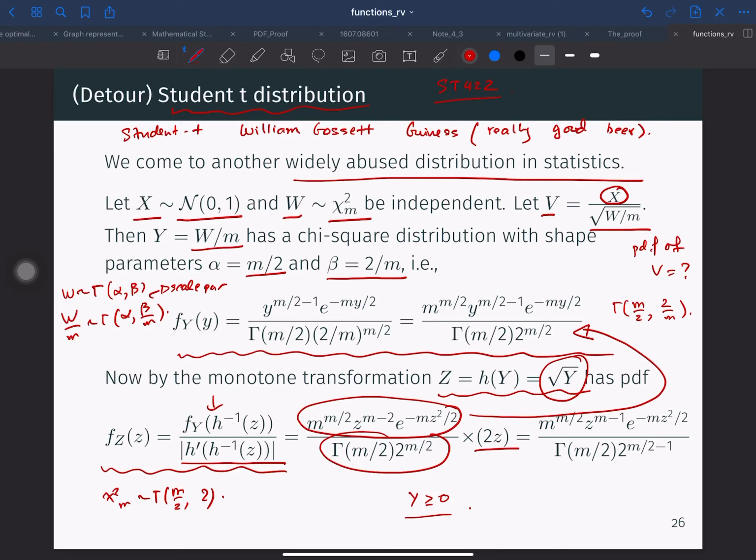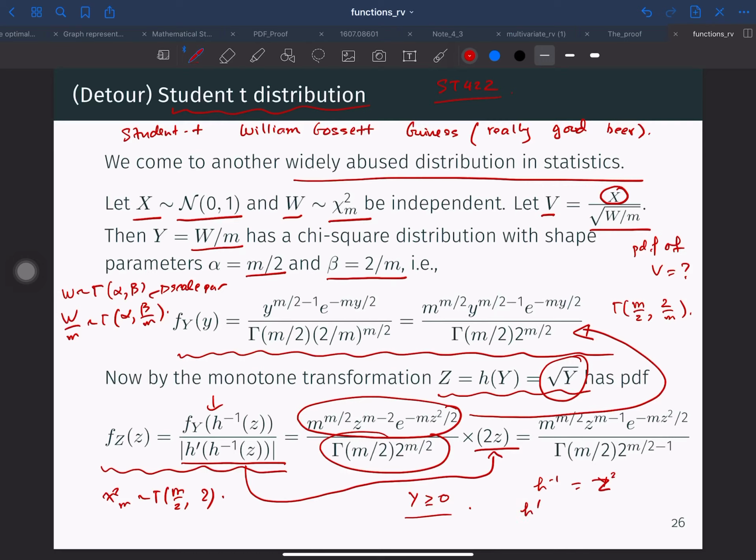The inverse is H inverse of Y, which is Y squared, equal to Z squared.